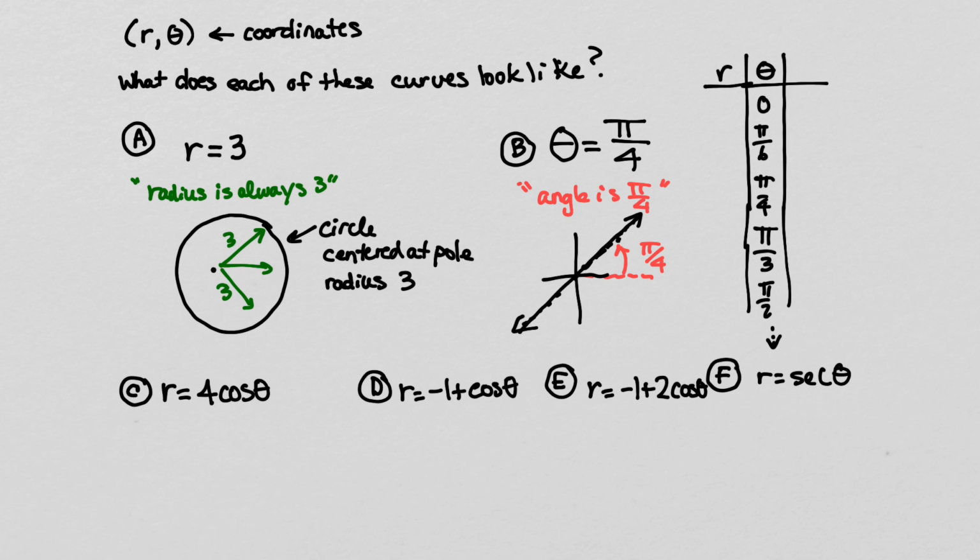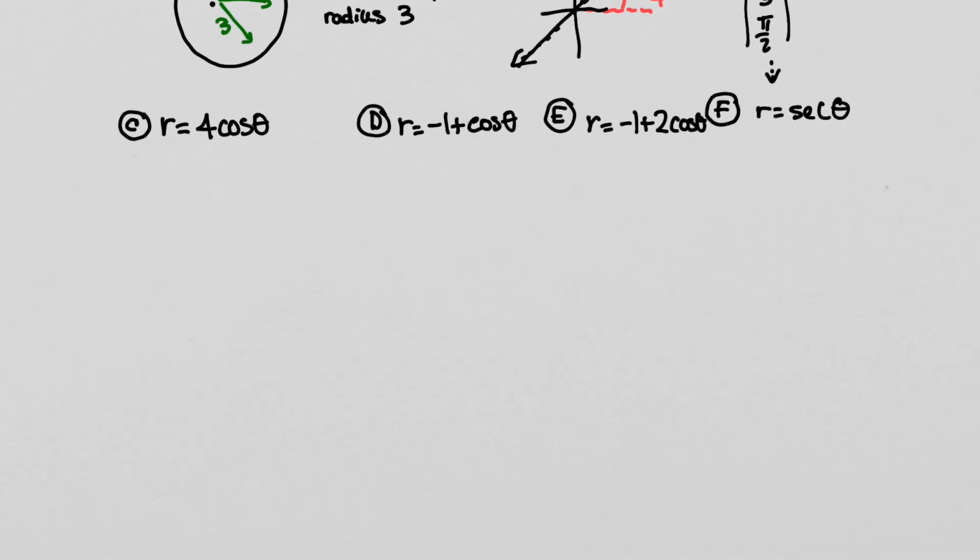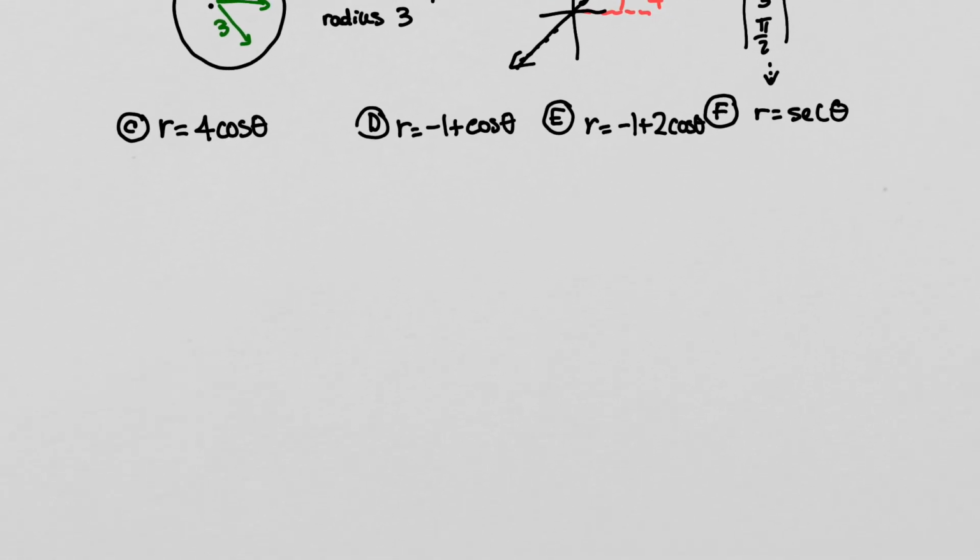So what I want you to do is I have 4 graphs right there. We're going to look at those 4, and a couple more. We're going to look at r equals 4 cos theta. But then I also want to explore, well, what's r equals not 4 cos theta, but 6 cos theta? What's r equals 10 cos theta? What's r equals 4 sine theta?